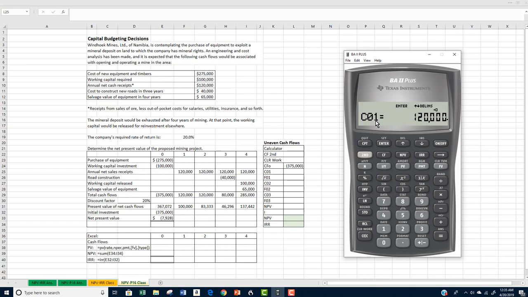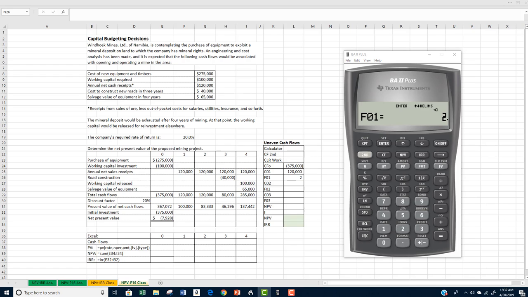Arrow down again and enter 2 on the FO1 screen and press enter. F stands for frequency. Since 120,000 repeats itself for 2 consecutive periods, you will type a 2.